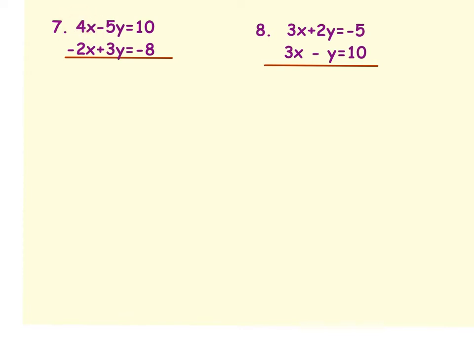If this were 4x, this would have to be negative 4x for it to drop out. But we can do something about that. What would I need to multiply this by to get it to be negative 4? That's right, you can multiply this by 2. If I multiply this by 2, I'd get negative 4, and then they would cancel out.